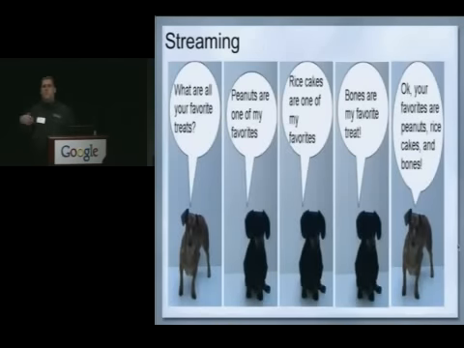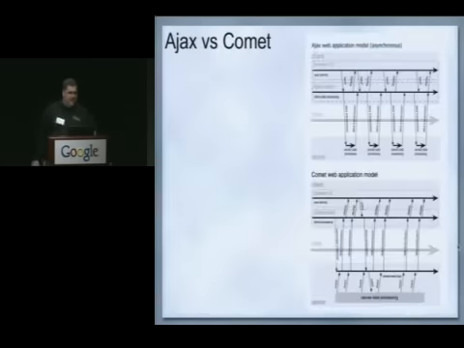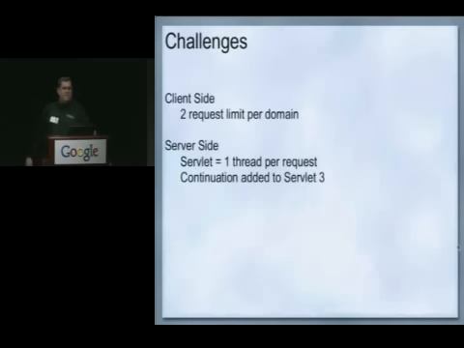Rather than what is your favorite treat, now we make it plural. What are your favorite treats? So he says, hey, peanuts are my favorite treat, rice treats are another one of my favorite treats, and bones are my final favorite treat. So basically, with a single request from Patrice, Bo is able to send his 3 favorite treats.